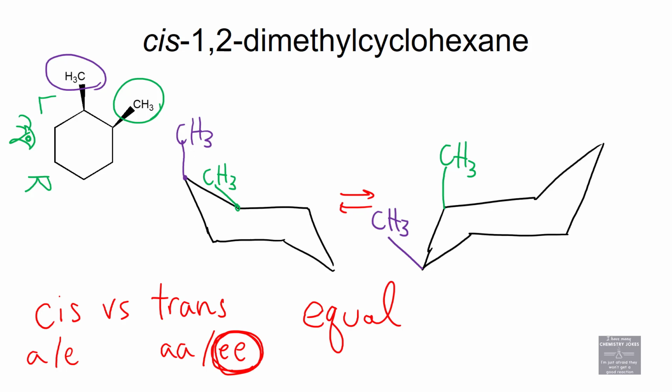This conformation is the most stable of all four chairs that we just drew, which leads us to say that the trans isomer is more stable than the cis for 1,2-dimethylcyclohexane. Please note, do not take my words to say trans is more stable than cis as a universal rule. It's not.